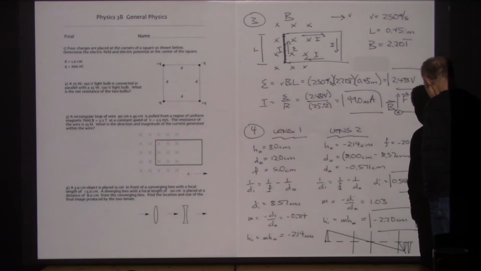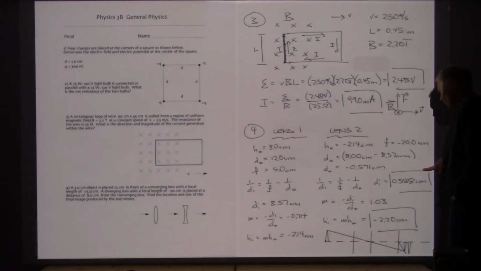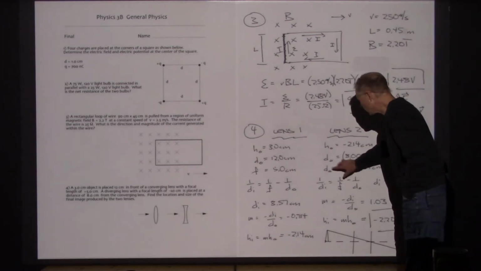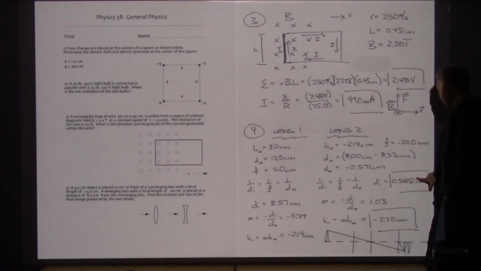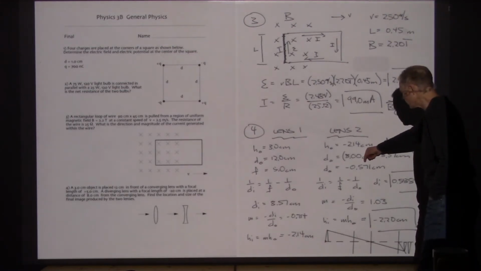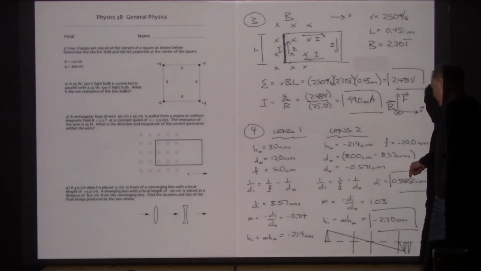All right, so once we've got this number for the DO, we can solve back into our standard formula to find the DI once again. And the DI worked out to be 0.588. Now that's interesting because the DO is at 0.571. This is at 0.588, but it's positive.